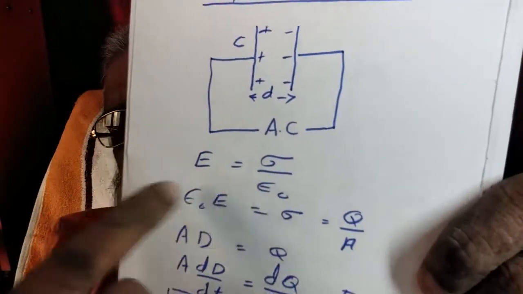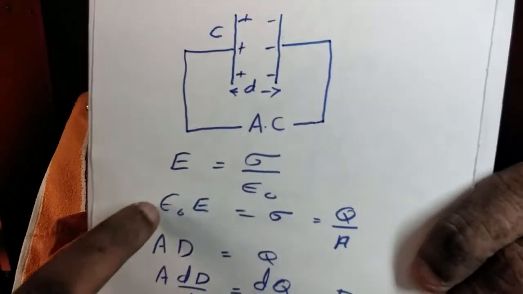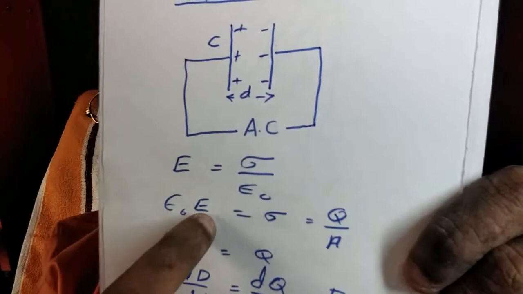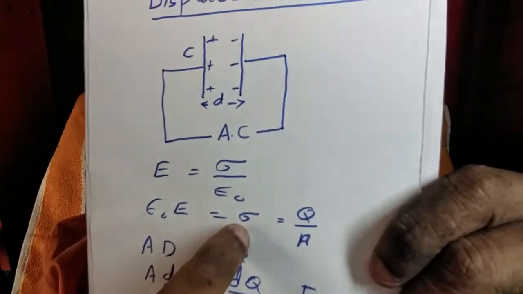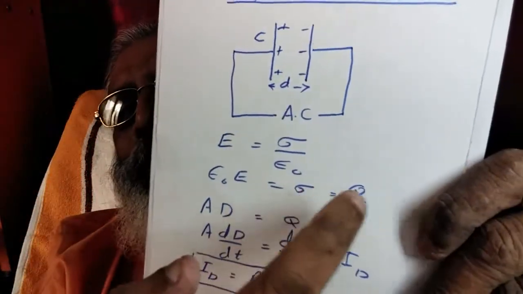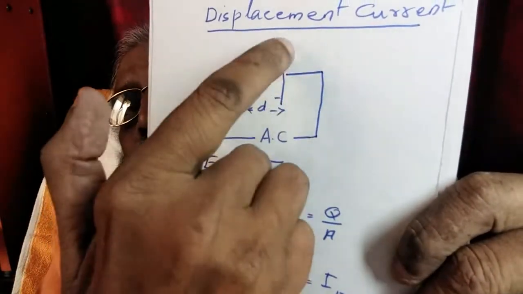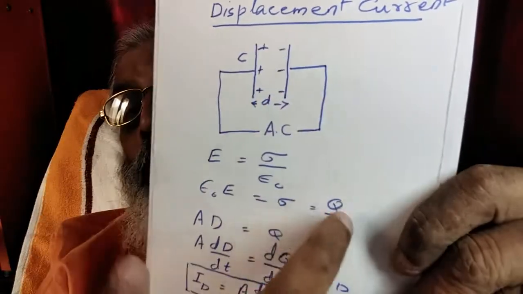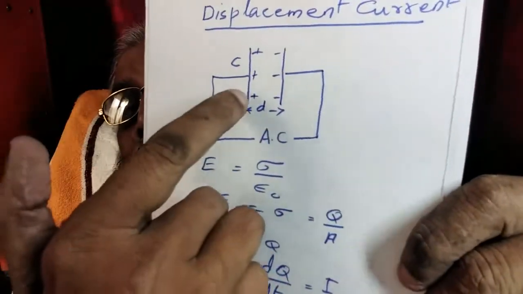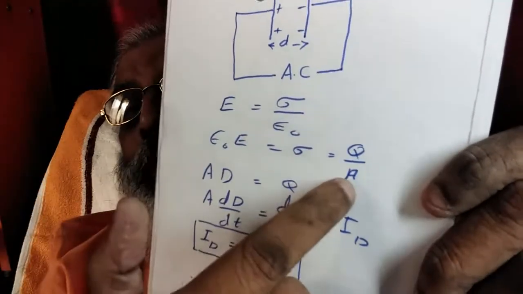Cross multiplying this, you get epsilon 0 into E equals sigma. Sigma is the surface density of charge, or charge per unit area. That is, sigma is Q by A, where Q is the total charge on one of the plates, and A is the area of each plate.